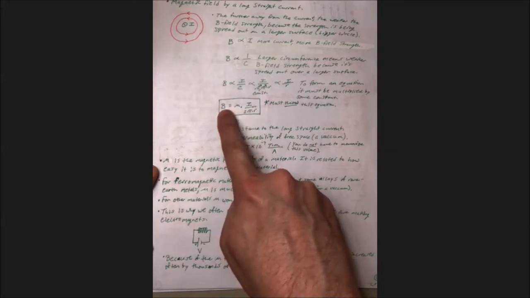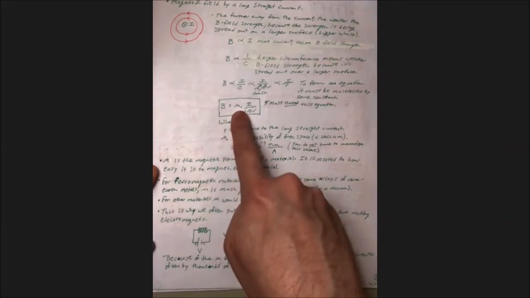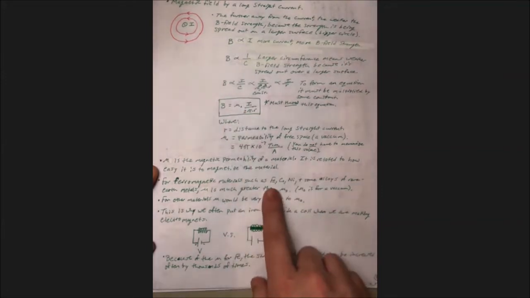So you can actually increase the magnetic field strength by increasing this permeability number. If you use a ferromagnetic material, you can do that. That's why these wires are often wrapped around an iron core, so that you can increase that magnetic field strength rather than just having a solenoid coil here with no core inside.